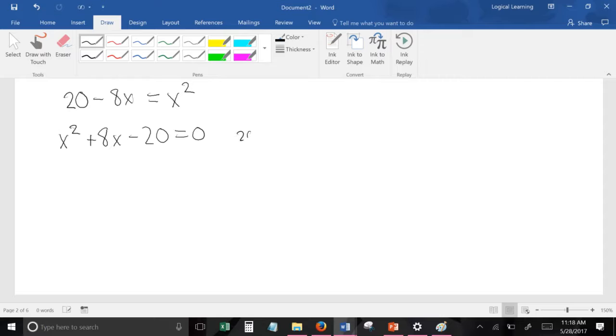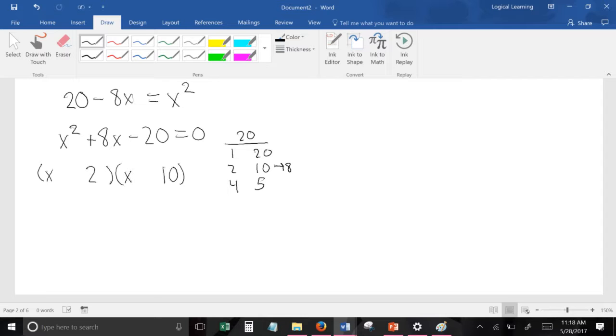And what we can do is we can look at the factors of 20, 1 and 20, 2 and 10, and 4 and 5. And we want to know which one of these can we put together to get 8. Well, if we take 10 and subtract 2, we're going to get 8. So we know that we're going to use x and 2 and x and 10.